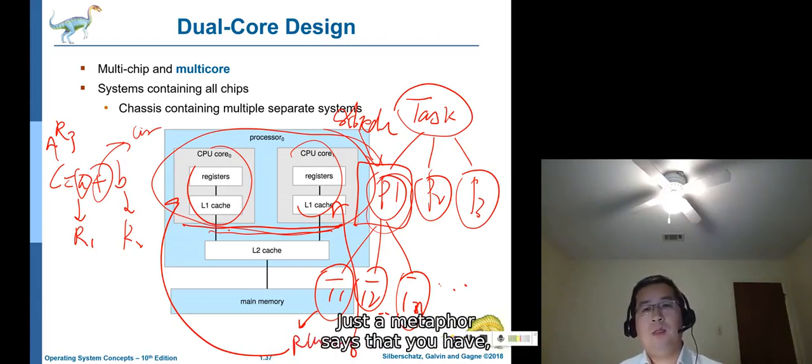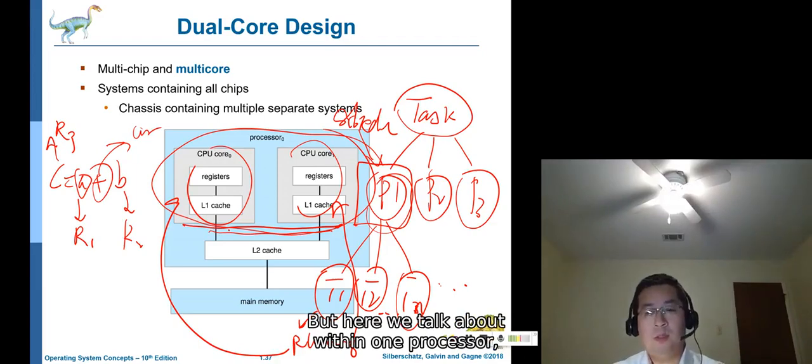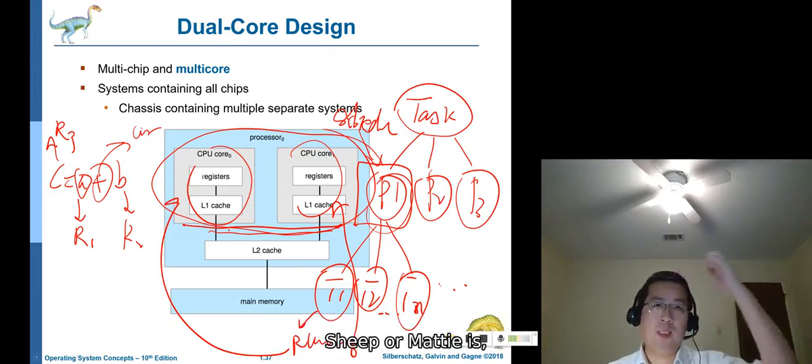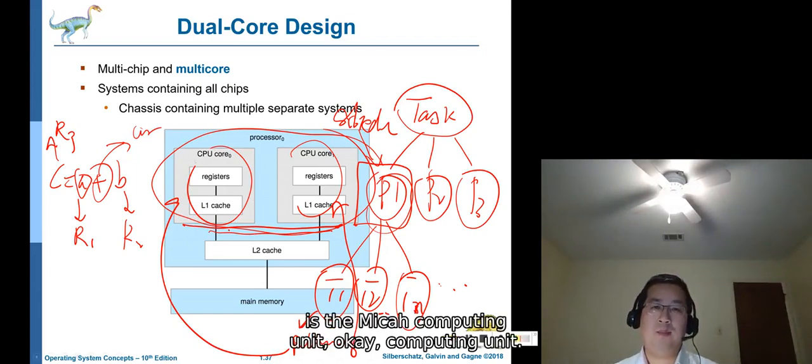Just multiprocessor, you have multiple processors, but here we talk about within one processor you have multiple cores, okay? So the multi-chip or multi-core. This is like a computing unit, okay? Computing unit.